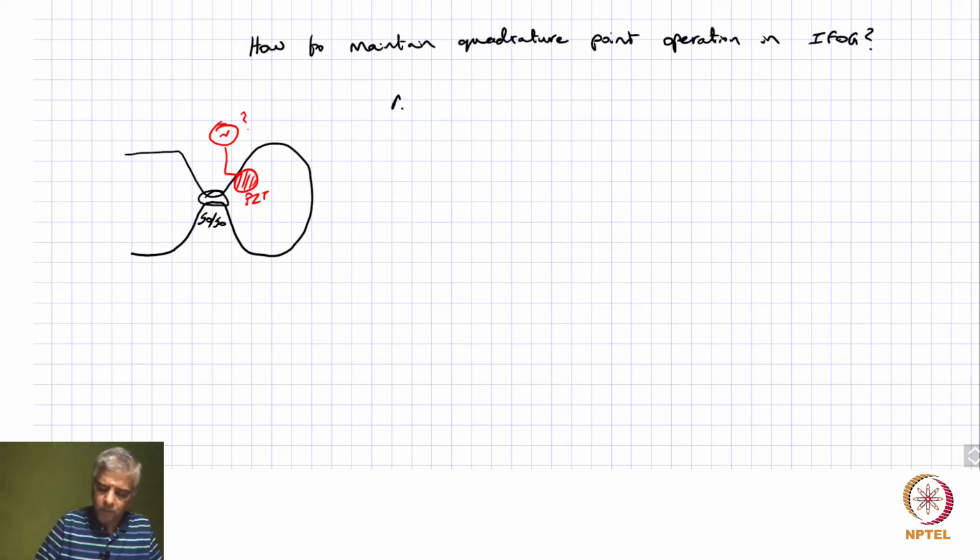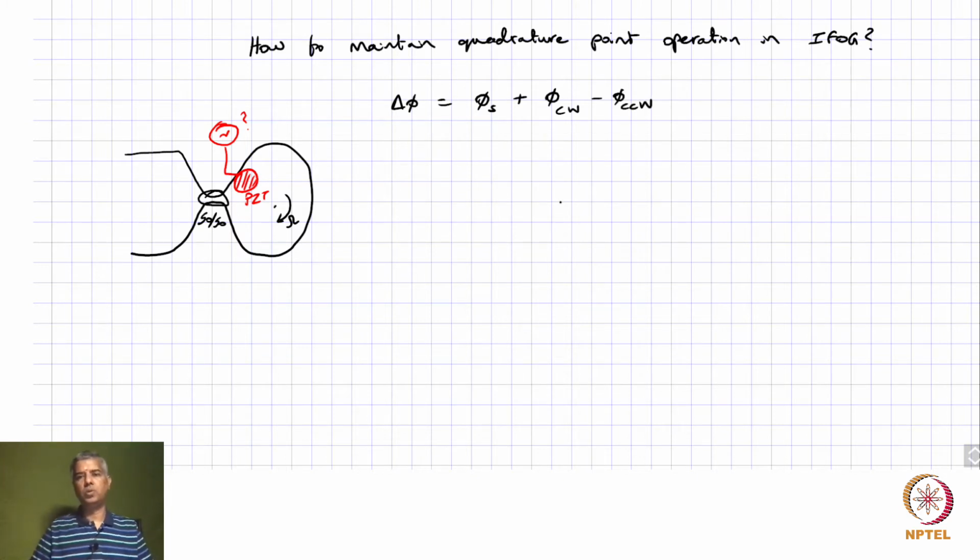So, if you are looking at delta phi, which of course has the signal phase corresponding to the rotation rate that you want to measure, plus now you have phi CW minus phi CCW due to your PZT.